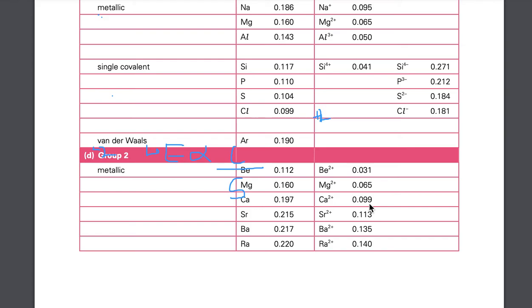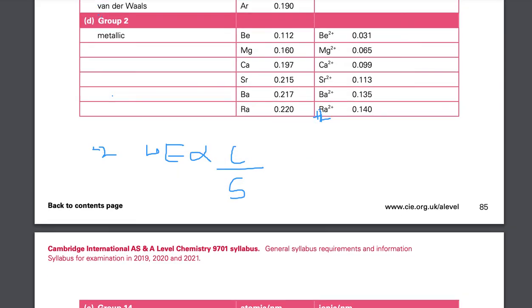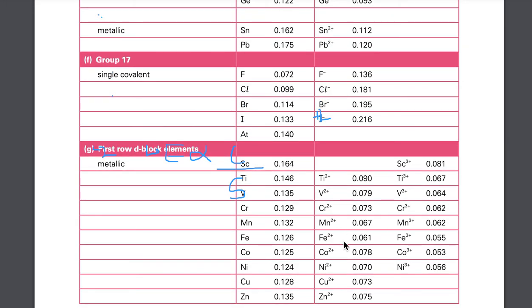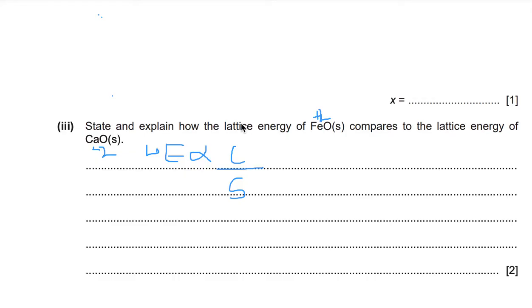Okay, so Ca plus 2 is 0.099 and Fe plus 2 is 0.061. So 0.061 and 0.099. So the size of calcium is bigger.